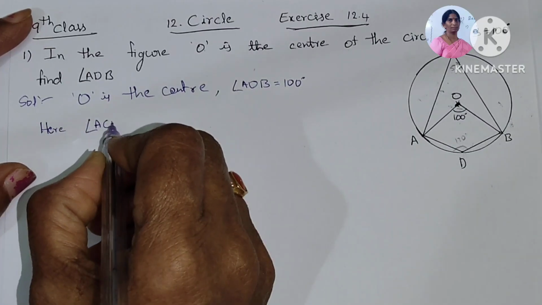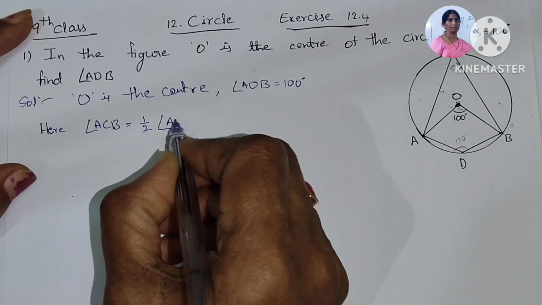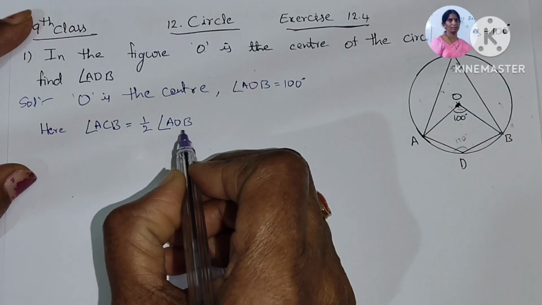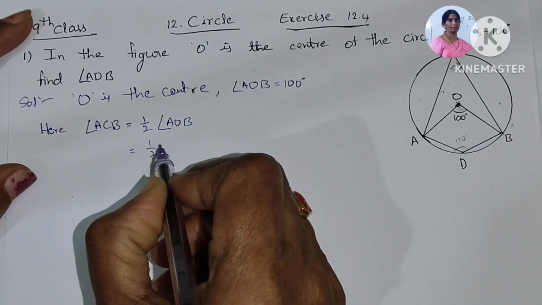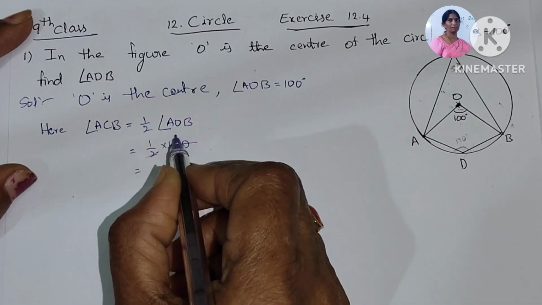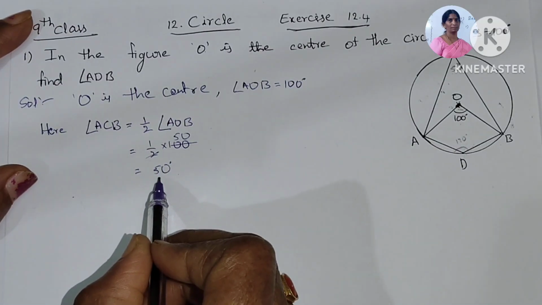Angle ACB equal to 1 by 2 into angle AOB. We know the AOB angle. So this is equal to 1 by 2 into 100, which is 50. Here 50 degrees, angle ACB equal to 50 degrees.